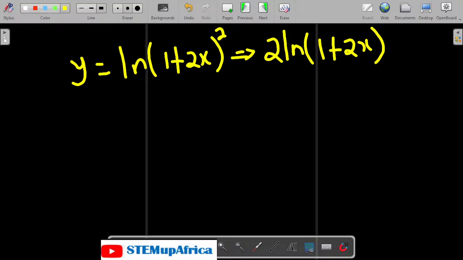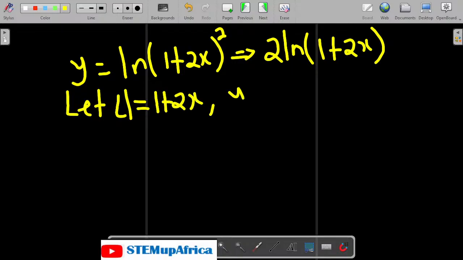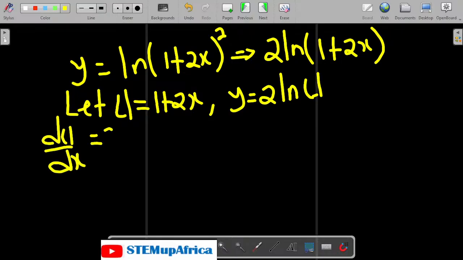In this case, it's a function of a function. Let u be the function of x, 1 plus 2x. Then my y becomes 2 ln u. I will differentiate u with respect to x in the first case. That will give us du/dx, which equals 2.